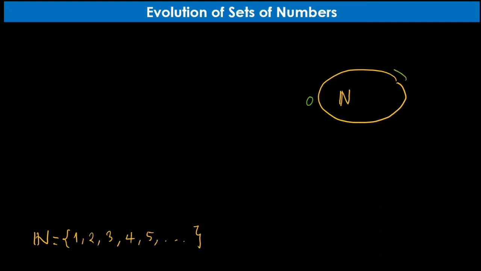So this is just one inclusion in the set, and this is now called the whole numbers. Let's denote the whole numbers as N with 0. So the set of whole numbers contains 0, and the rest are counting numbers.